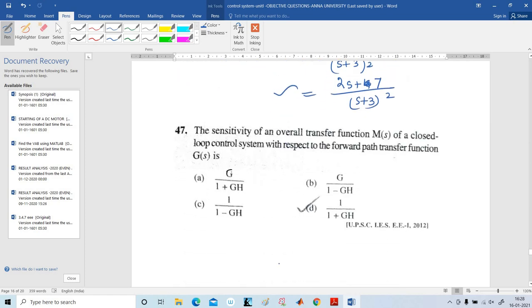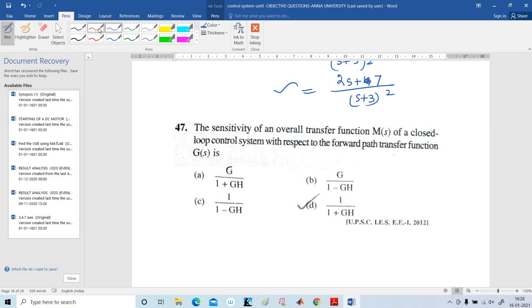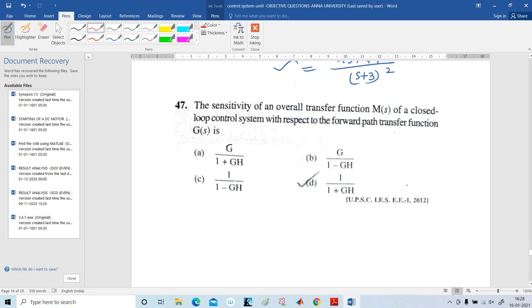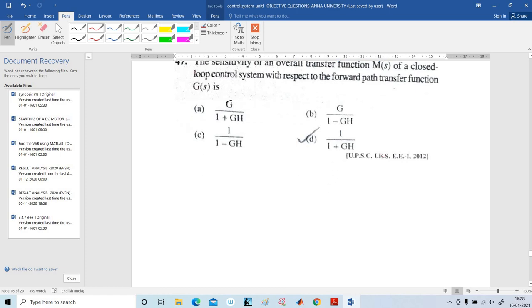Okay, next: the sensitivity of the overall transfer function M of s of a closed loop system with respect to forward path gain. First, I am going to write the formula for sensitivity.